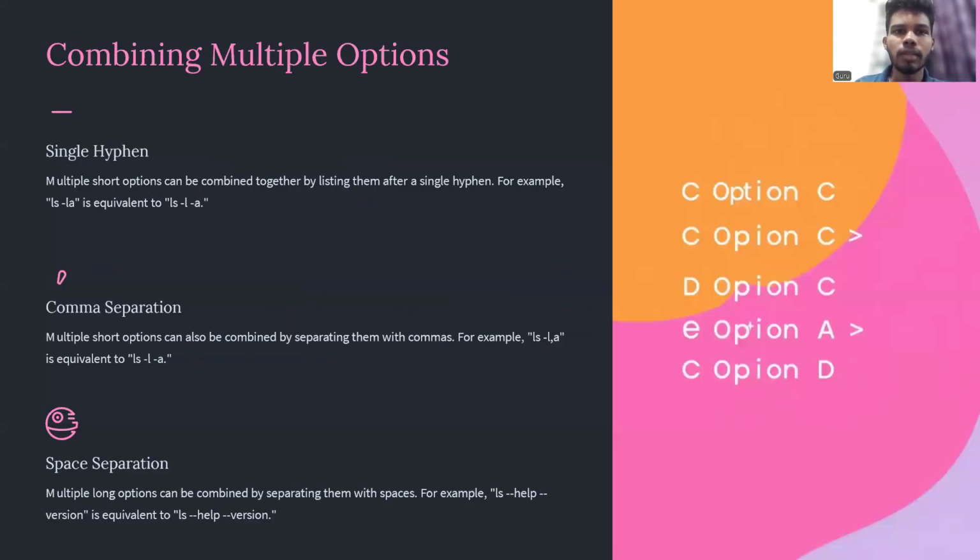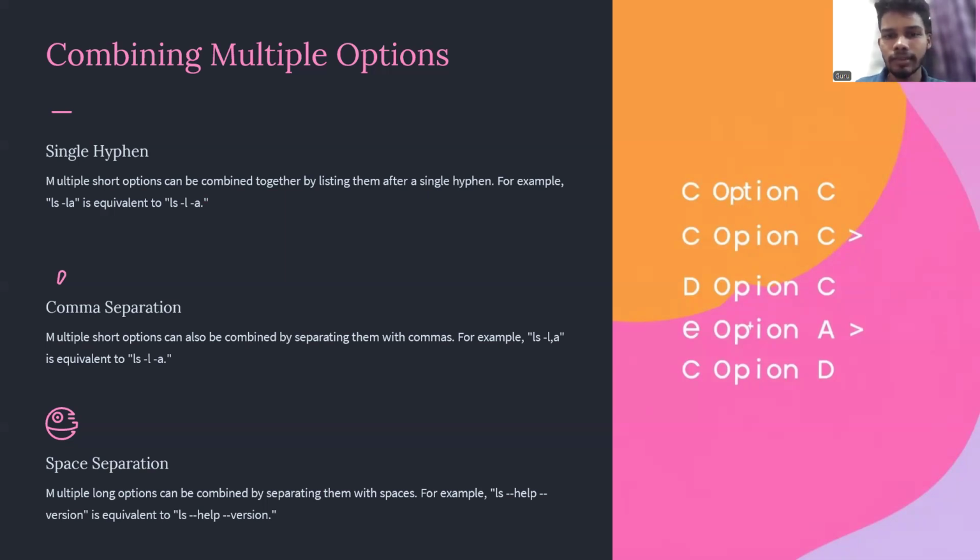Next, combining multiple options: single hyphen, comma separation, and space separation. With a single hyphen, multiple short options can be combined by listing them after a single hyphen. For example, ls -la is equivalent to ls -l -a. With comma separation, multiple short options can also be combined by separating them with commas.